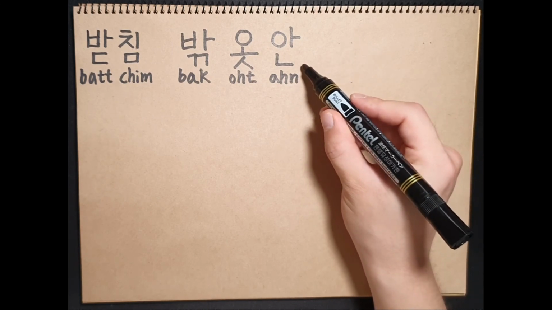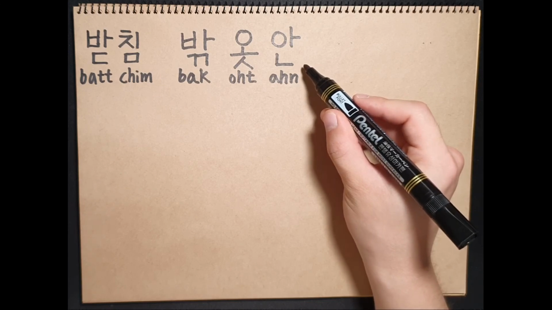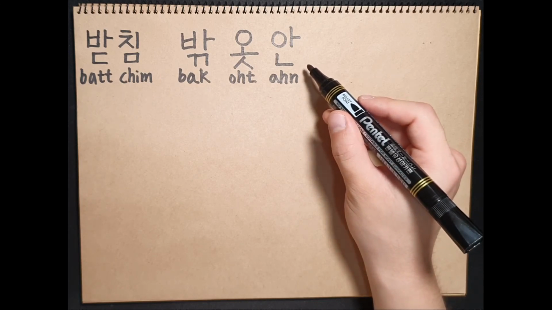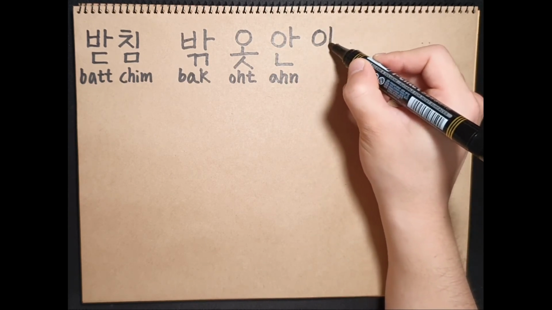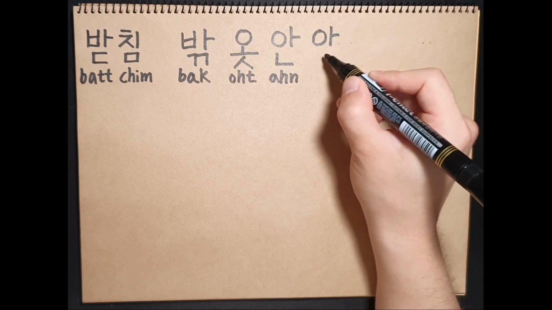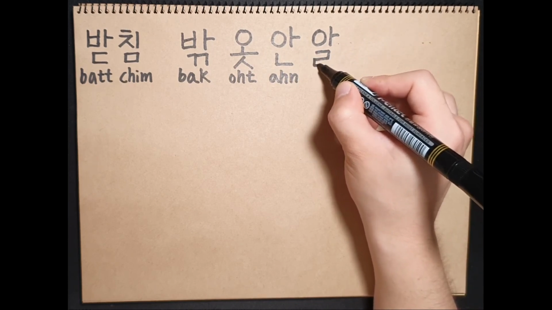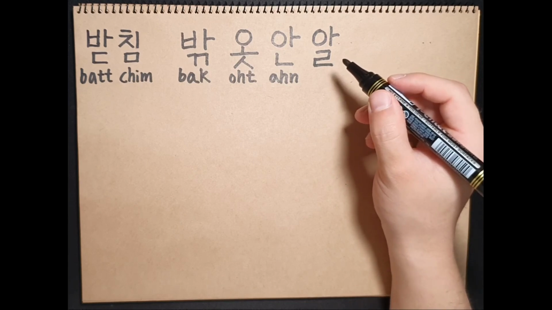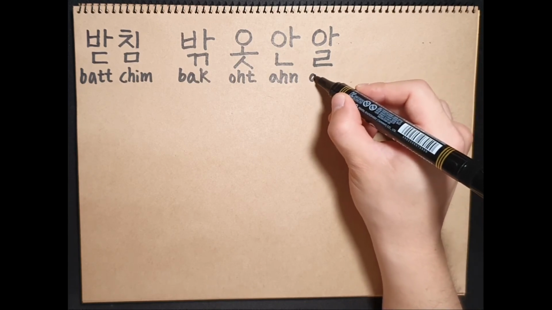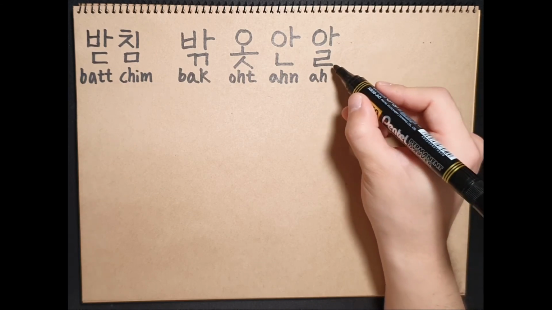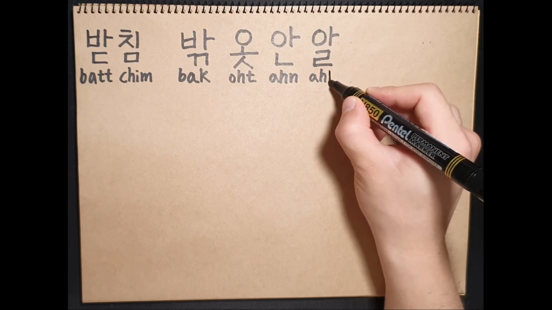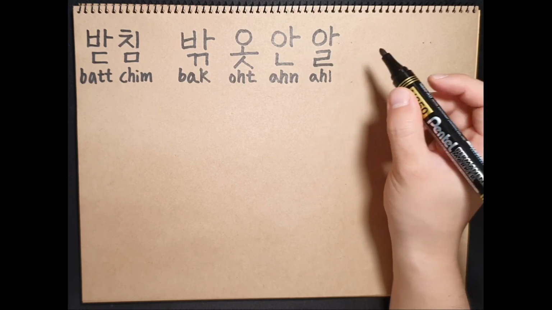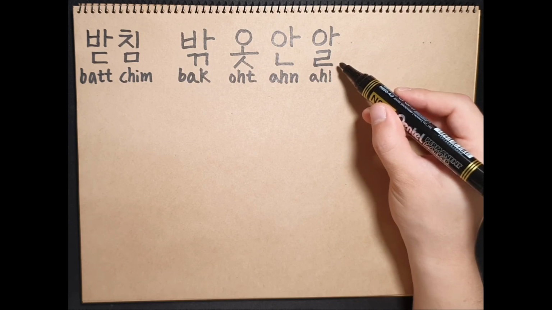So we can read this letter 안. And the next one, we can add 리을 at the bottom of A. So 리을 has the ending sound of L when it is at the bottom of a Korean letter. You can read this letter 알.